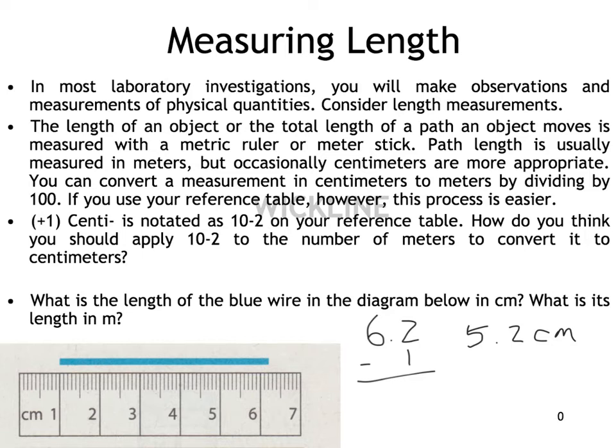So I usually think of writing down the given information first. In this case, we weren't given an exact number of meters to convert into centimeters, but we can make one up for now just to give you an example. Let's say that we have 4.6 meters, and the goal is to convert it into centimeters. So I know that centi is 10 to the negative 2.